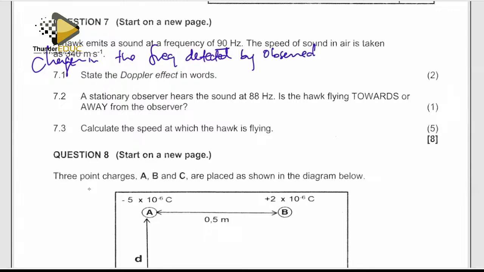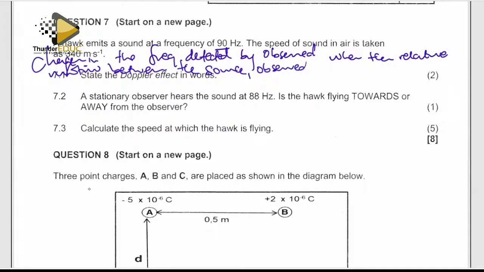the change in the frequency detected by the observer when there is relative motion between the source and observer in a medium, in a wave medium or something of the sort.